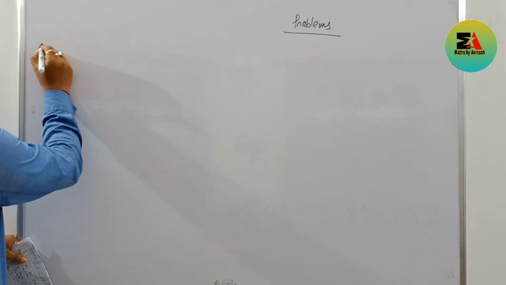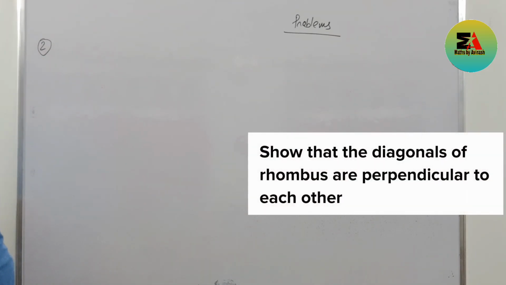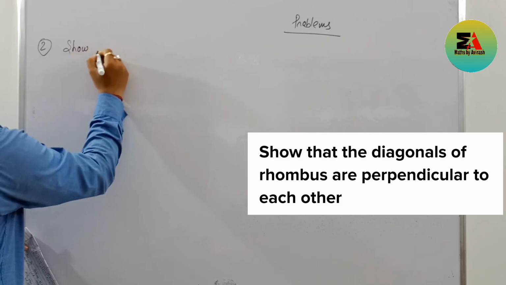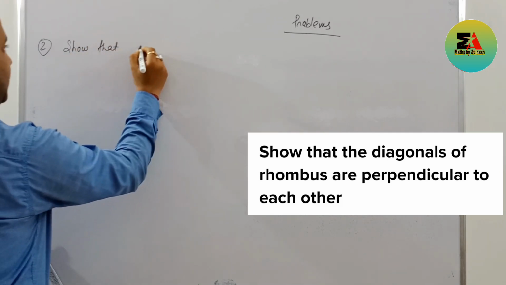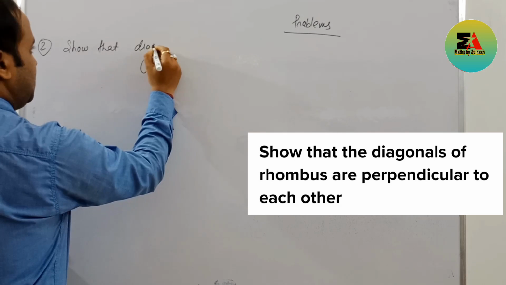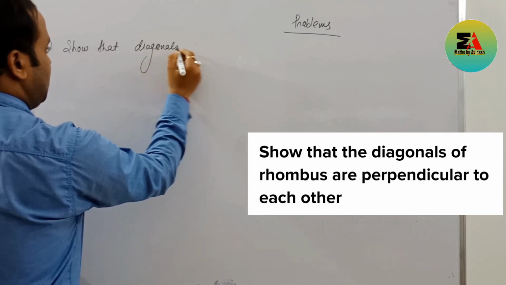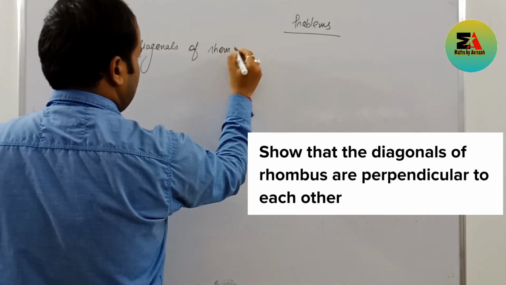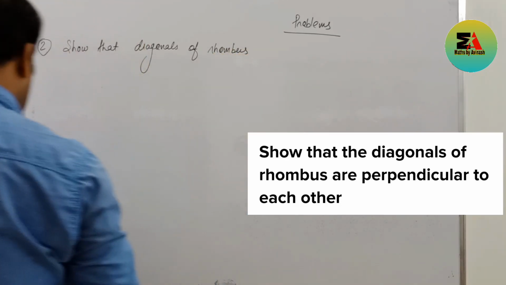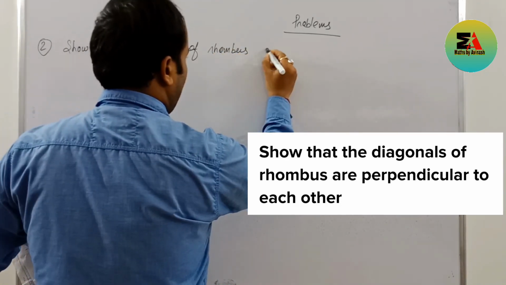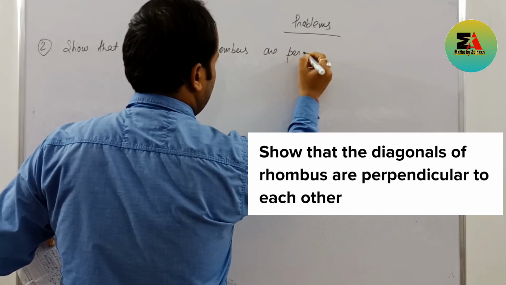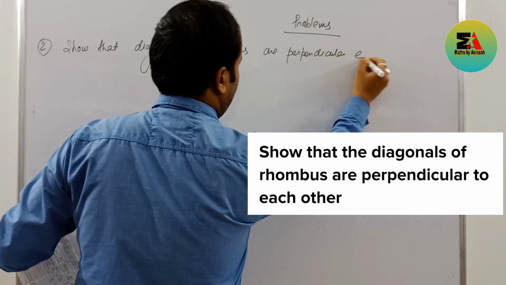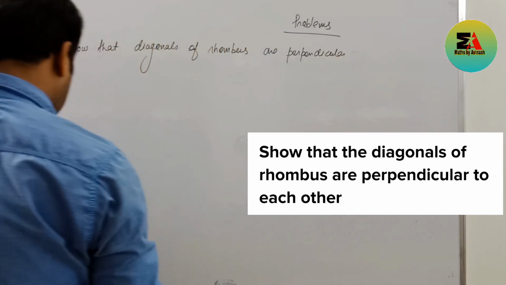Our next problem is problem 2. Prove that the diagonals of a rhombus are perpendicular to each other.